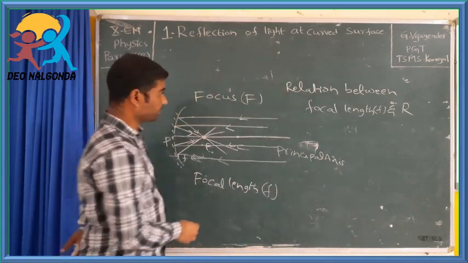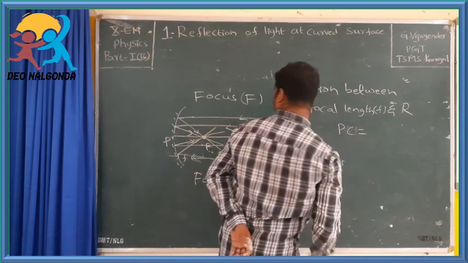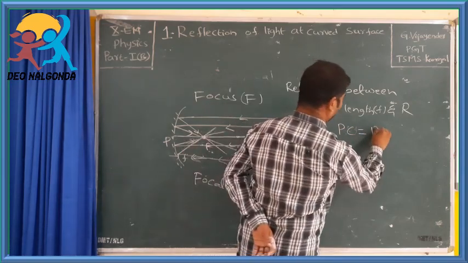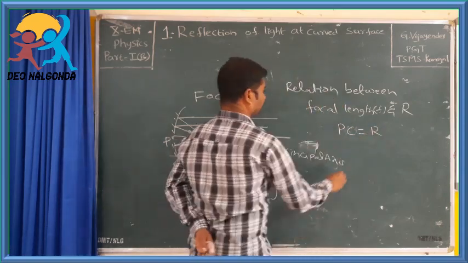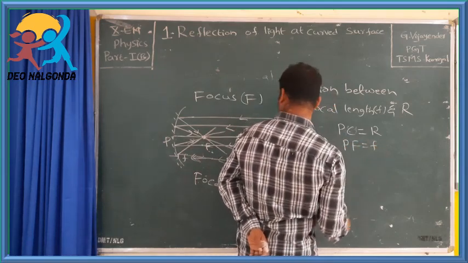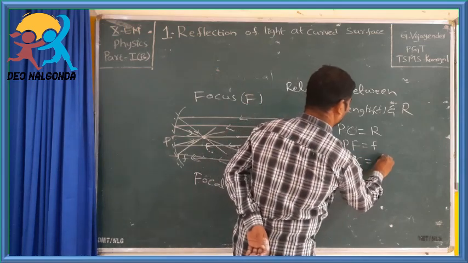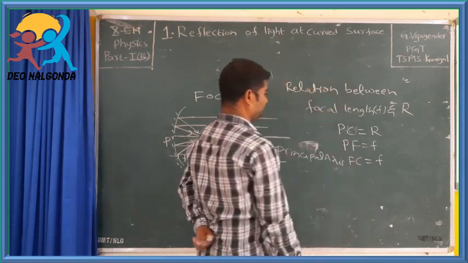From the figure, here PC is the radius of curvature capital R, PF is the focal length small f, and FC is also equal to the focal length small f.